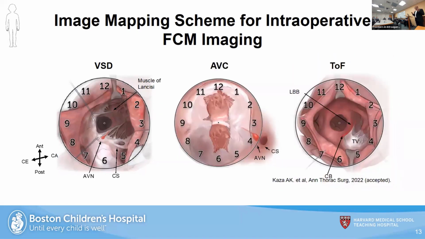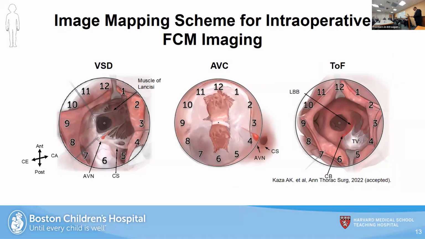A similar clock phase based on the surgeon's view was developed for the other two cases as well, the AV canal and tetralogy of Fallot. In most cases, the conduction tissue more or less lies between 3 and 4 o'clock, except in the VSD, where it's closer to 5 and 6 o'clock.